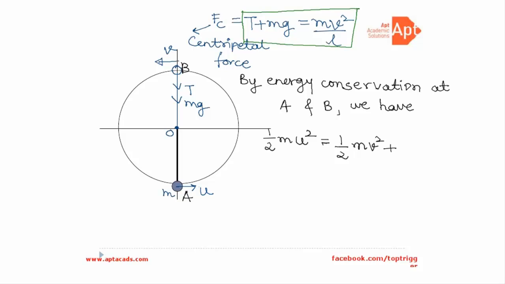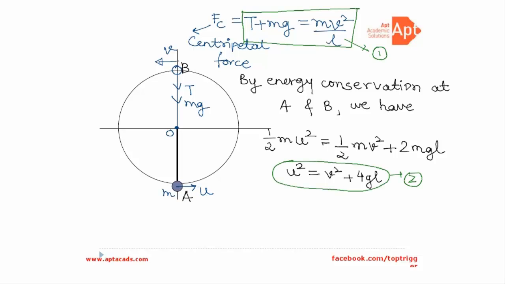The bob is rising along this line, that is the length is 2L, right? So the work done by the gravitational force is stored as potential energy, and it is equal to 2mgl. So this is the second equation which we have. Let's try to rearrange it. It is u square is equal to v square plus 4gl.